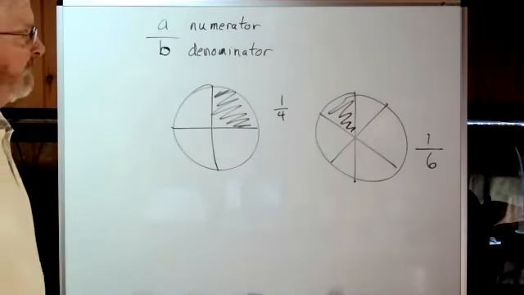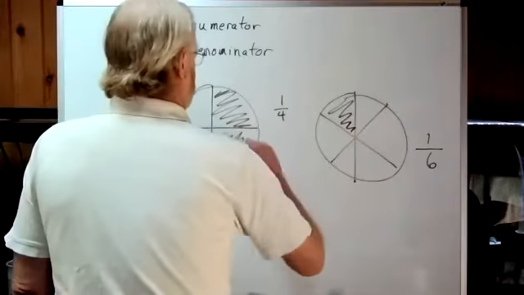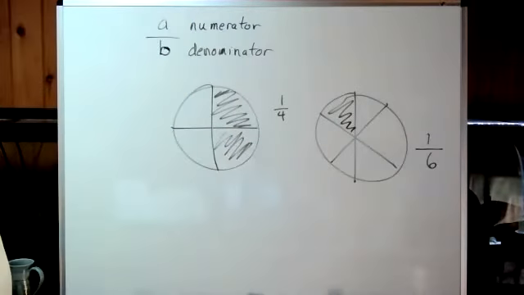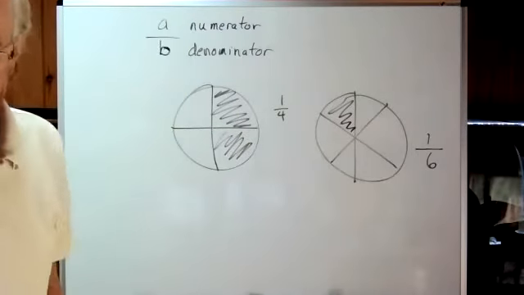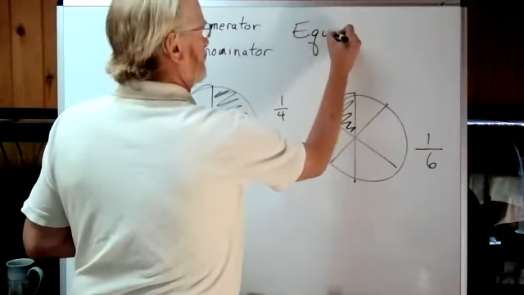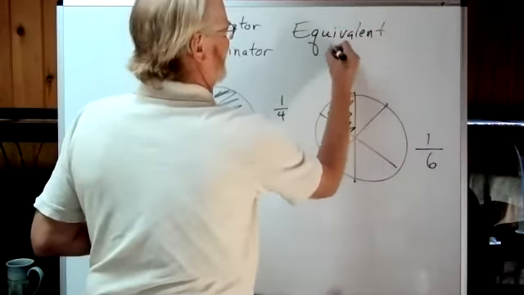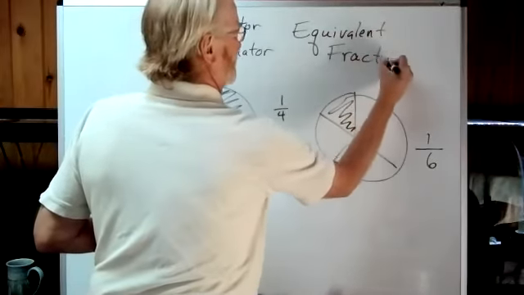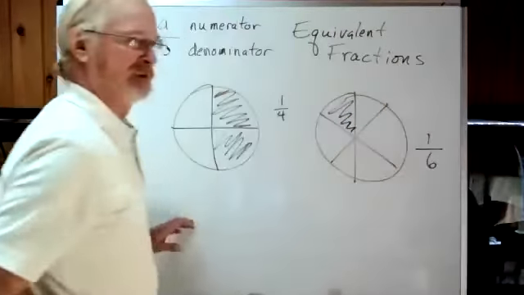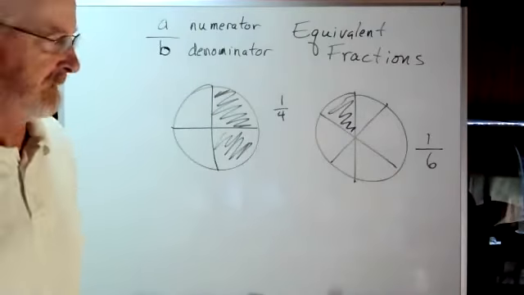Okay. Now, what if I take my first drawing here, and I'm concerned with, so next thing I'm moving right into our concept of equivalent fractions. Two different looking fractions that represent the same value or quantity.